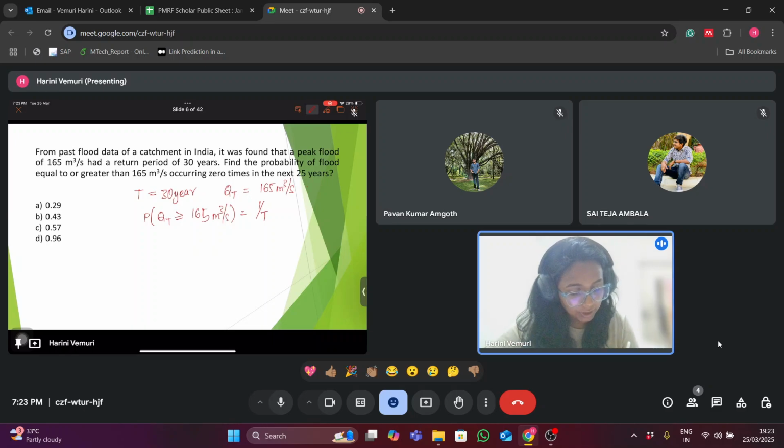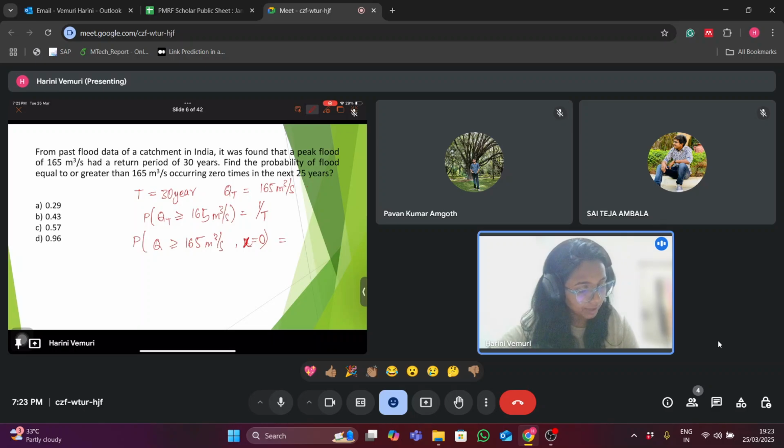So they are asking what is the probability that Q is greater than or equal to 165 meter cube per second where N is equal to 0. That is 0 times the event should happen.